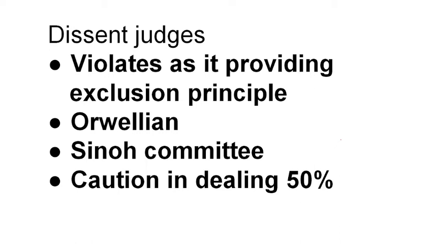They mentioned that it is very much valid to provide this, we are permitting it, but it is violating the basic structure because it is following the exclusion principle. To understand the exclusion principle, let us examine it in three aspects.